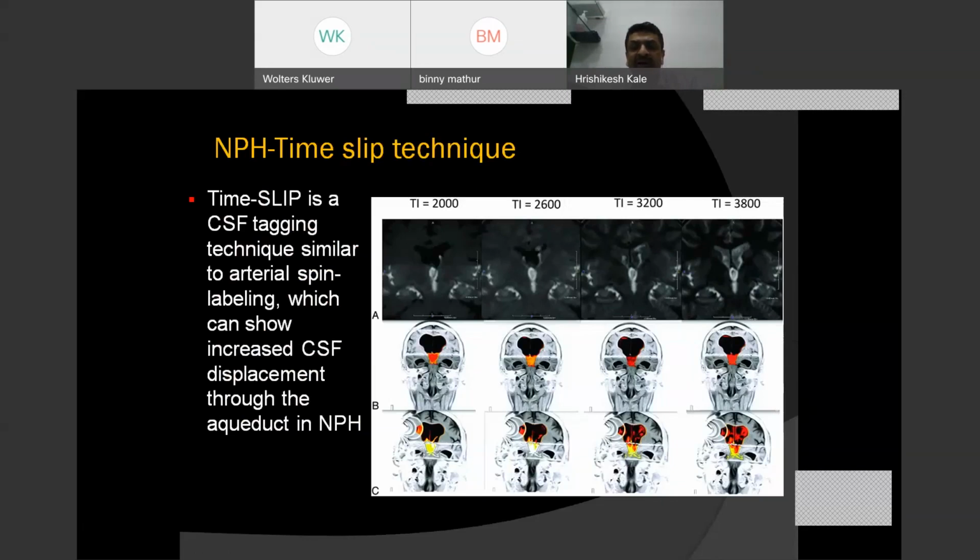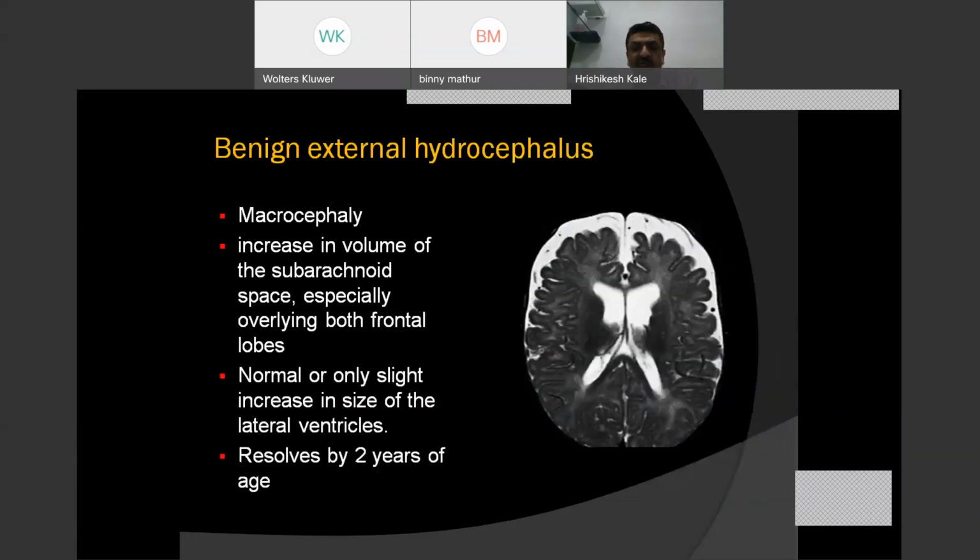The middle panel is what you see with NPH, where you will not see that reflux into the lateral ventricle. Whereas the lowermost panel is in a patient with a VP shunt catheter, where you again see that the reflux into the lateral ventricle returns once this patient is shunted. So this is your time-SLIP technique, which is similar to your arterial spin labeling, which you use for MR perfusion evaluation.